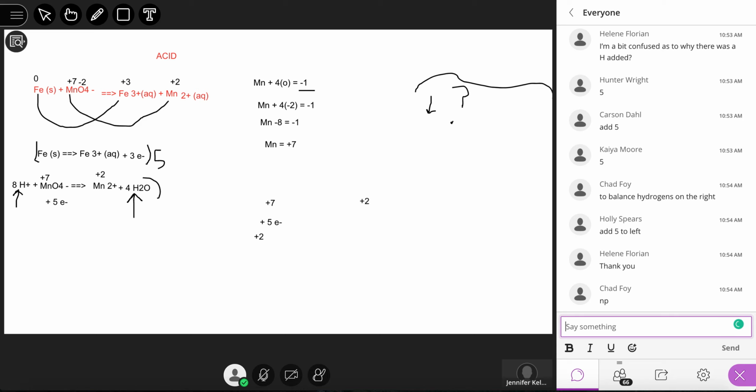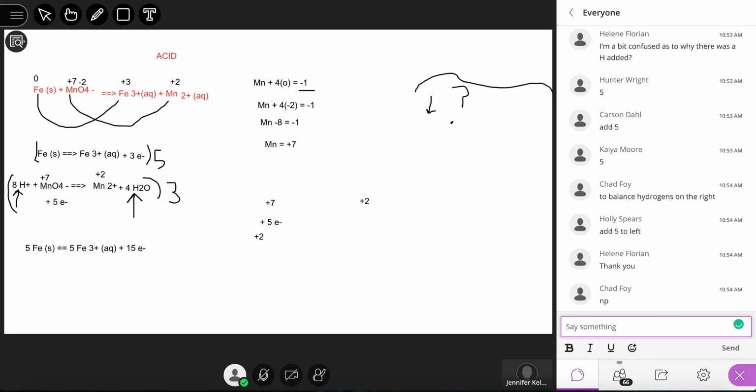And this one by 3. So that's going to give me this: 5 Fe solid makes 5 Fe3+ aqueous plus 15 electrons.